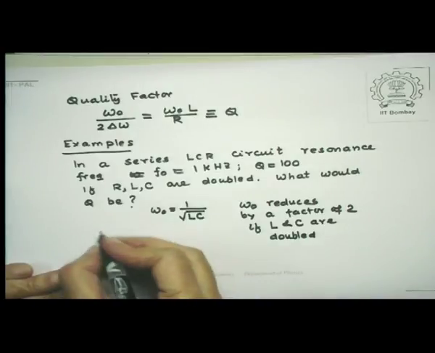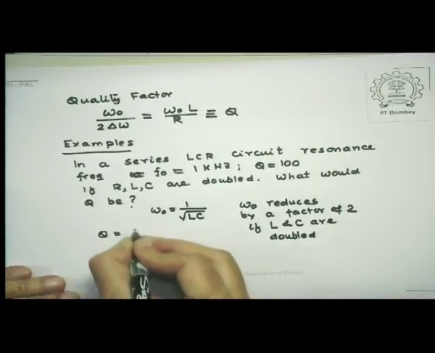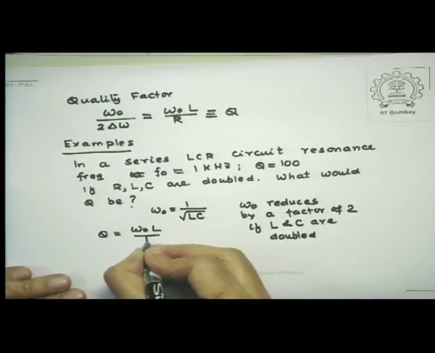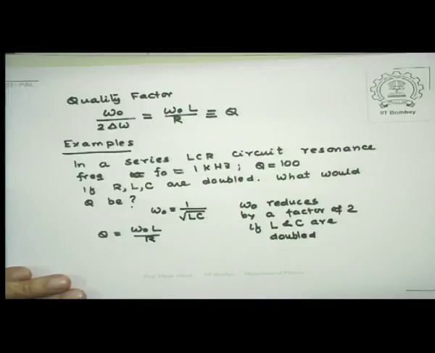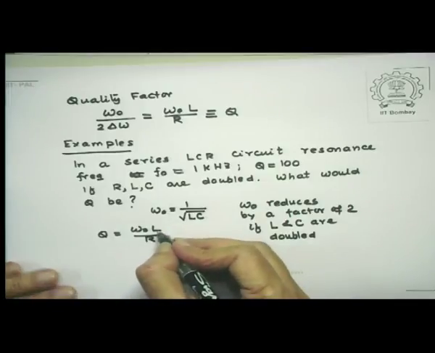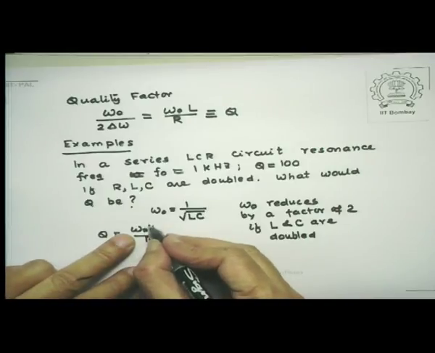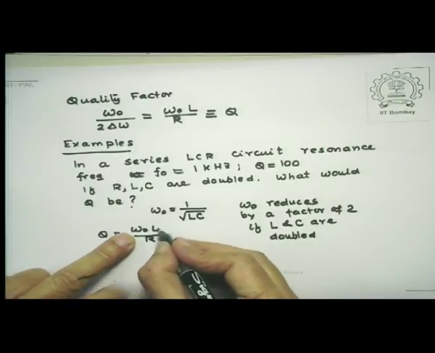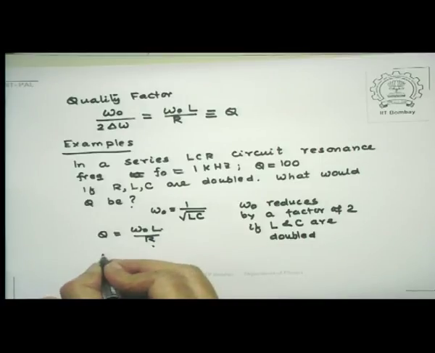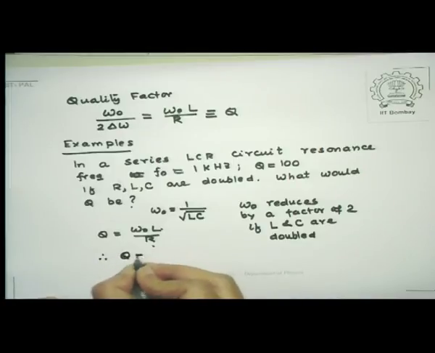But remember, my Q is omega 0 L divided by R. We have seen that omega 0 would reduce by a factor of 2, but since you are increasing both L and R, nothing would happen to this factor. So therefore, Q will become 50.